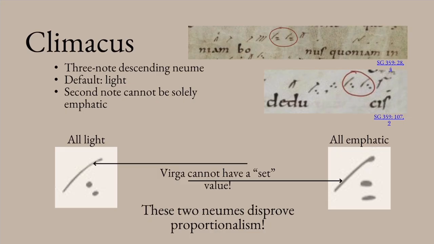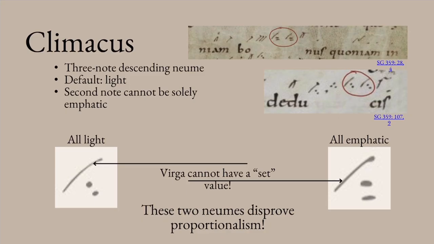And in those cases, the virga has a different function. In the first, it's a light neume, something like that. And in the second, it would be something along those lines. Again, contextually, could be a whole different thing.